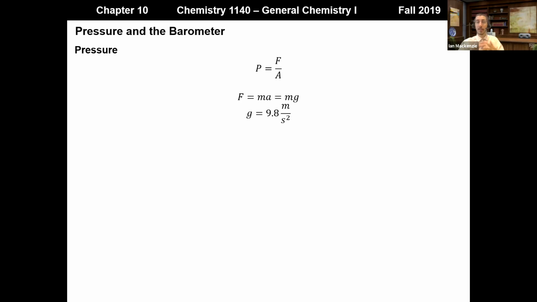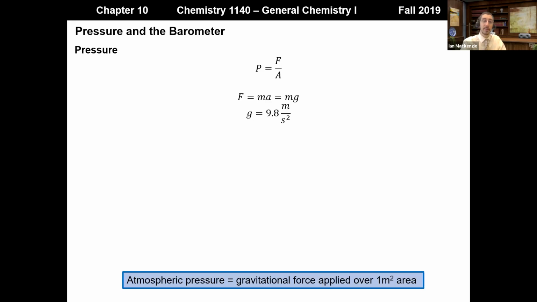From physics, the acceleration due to gravity is given the term g, and is 9.8 meters per second squared. So atmospheric pressure is defined as the gravitational force applied over a 1 meter squared area.